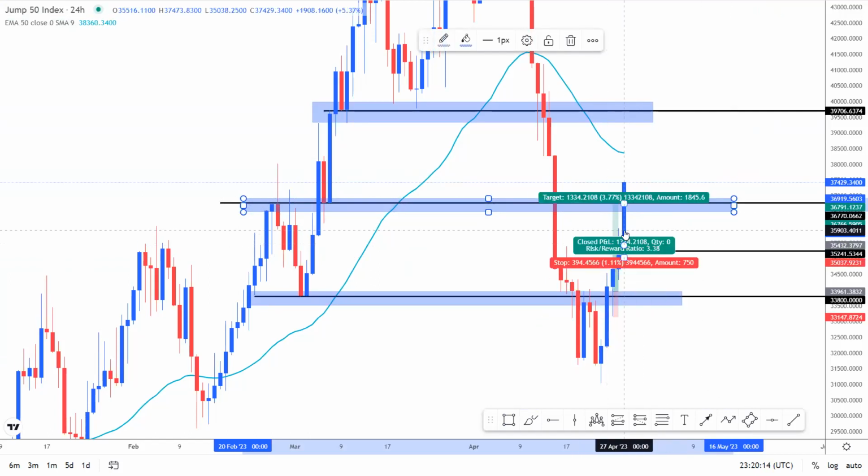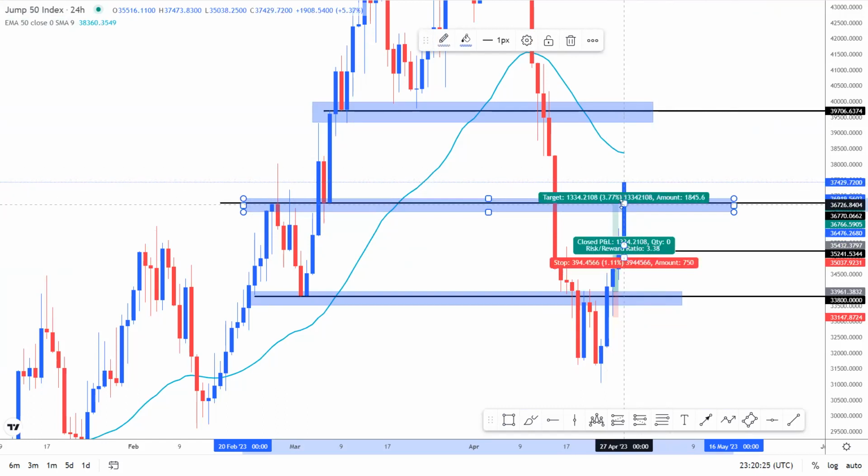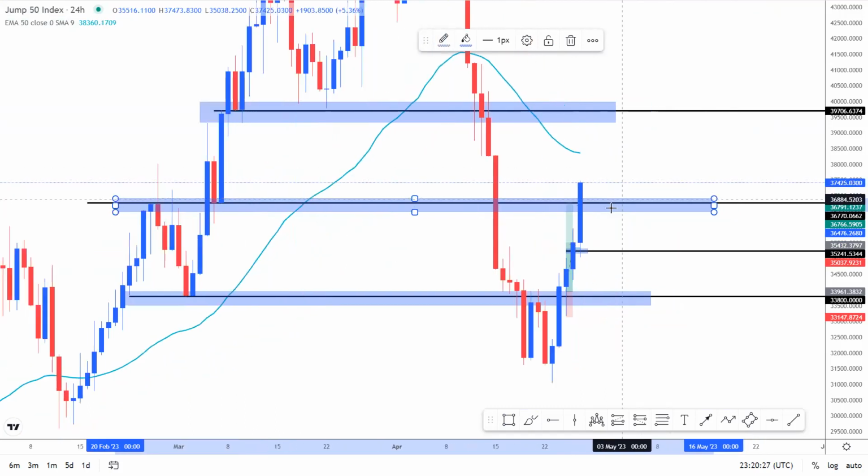And even though I've closed out my buy positions, I'm still very much looking to see what price does upon testing this level right here. If I clearly have a daily candlestick break above this level, that would confirm that price has broken this key level, a daily candlestick.